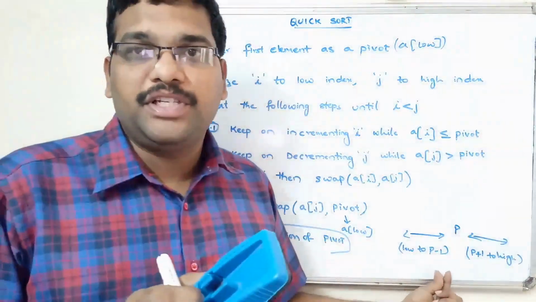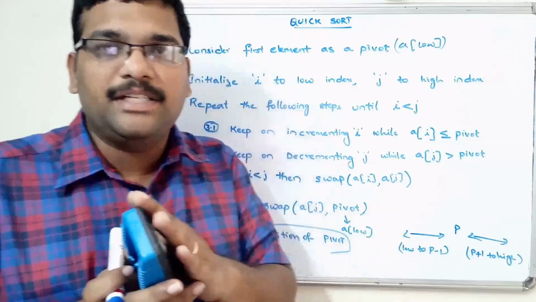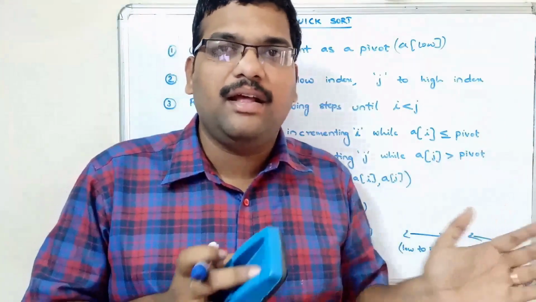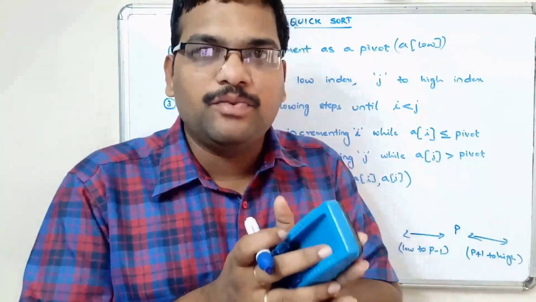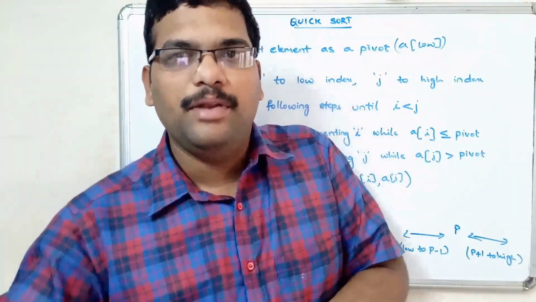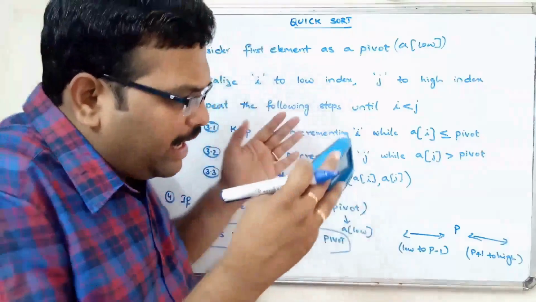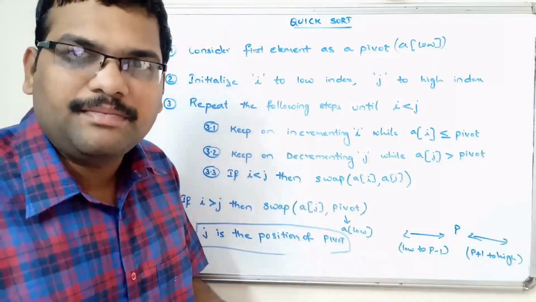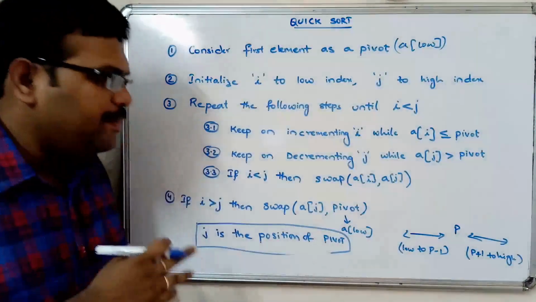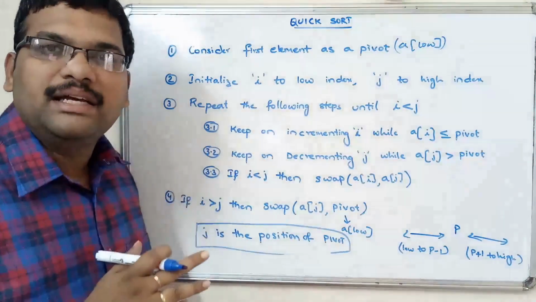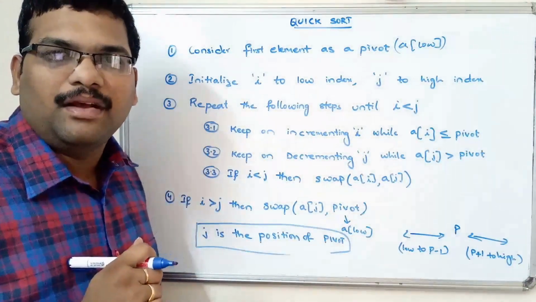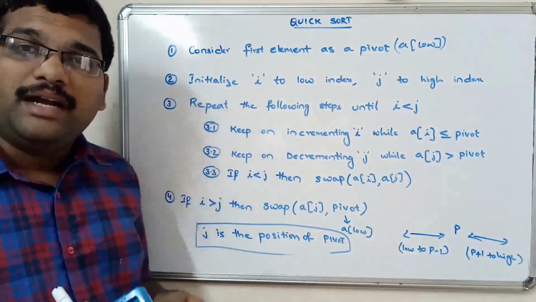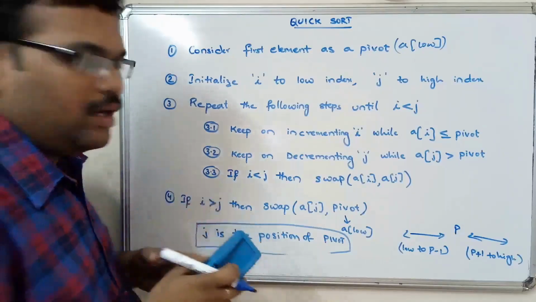When the pivot position is fixed, all the elements less than the pivot will be on the left hand side, and all the elements greater than the pivot will be on the right hand side. Again do the partitions and repeat the same process, right? This is how we are going to implement quicksort. So based upon this algorithm, let us solve an example so that your doubts will be clarified.